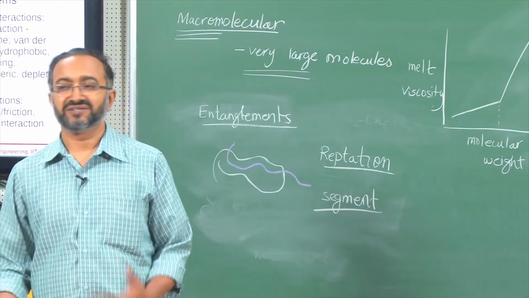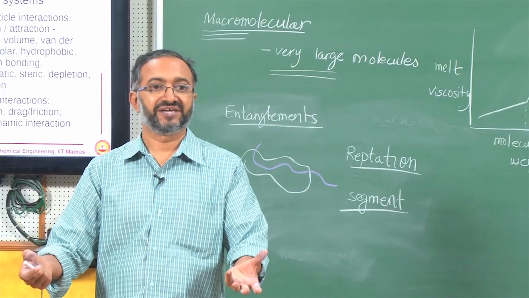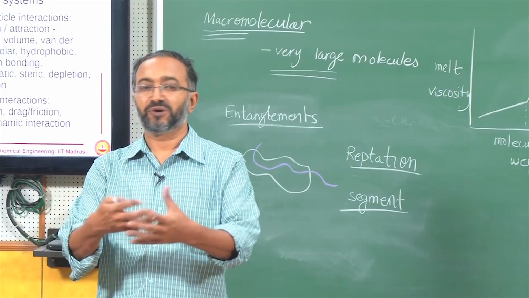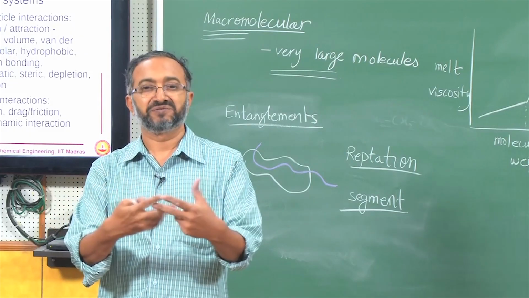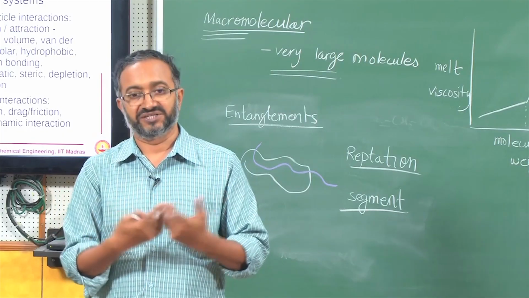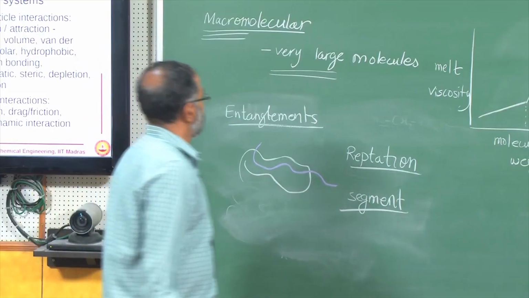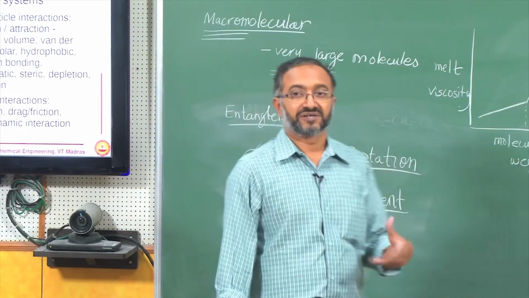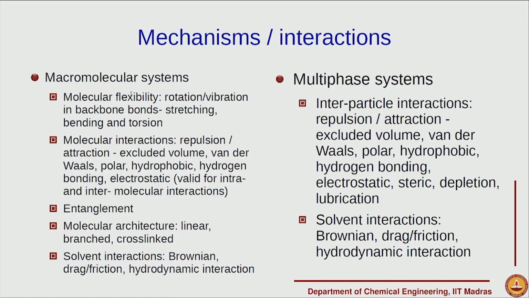At low concentrations, basically one molecule does not even interact with the other. Then when concentration of polymer molecules is increased, some interaction between them will start, and then beyond a concentration they will start getting entangled with each other. So, entanglements are an important microscopic mechanism.